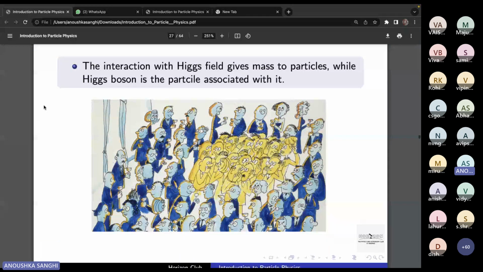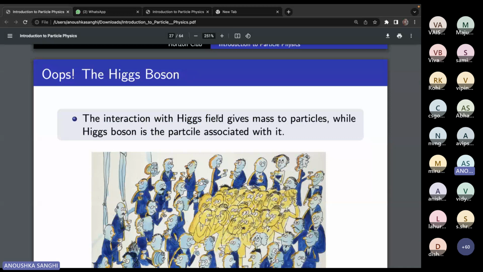So the Higgs field is a kind of medium that gives mass to other particles. Those particles which interact more with that medium will be heavy. Is it correct to say heavy particles interact more with Higgs, or that particles which interact with Higgs become heavy?